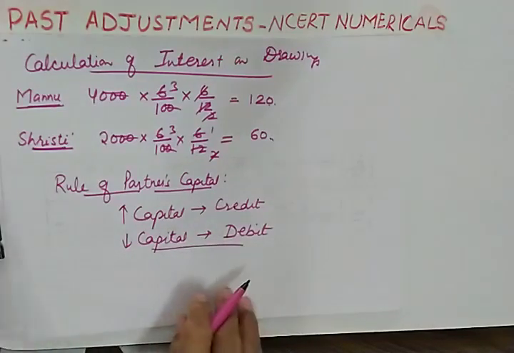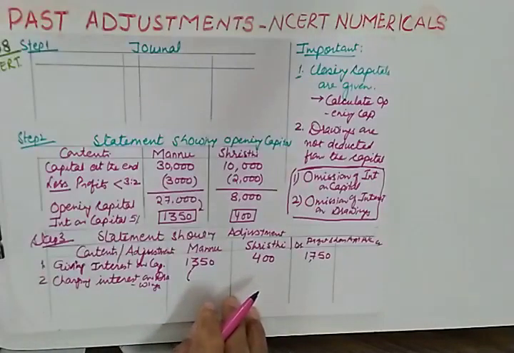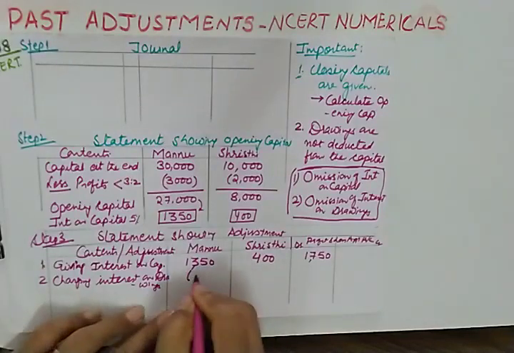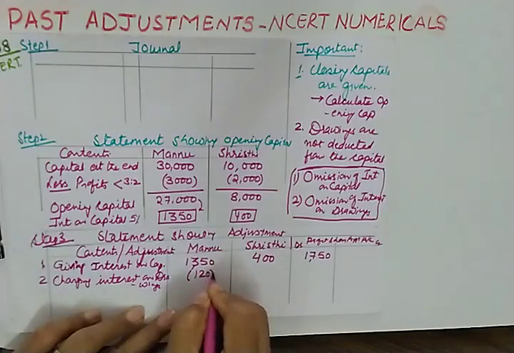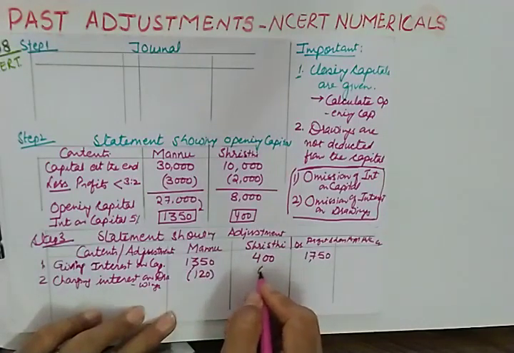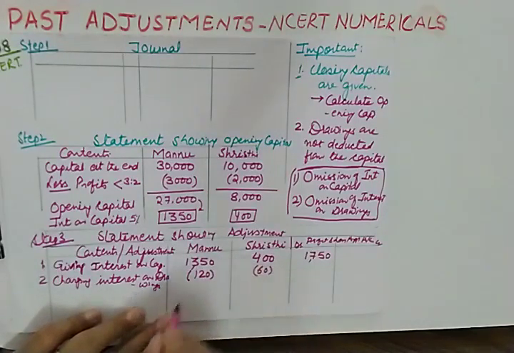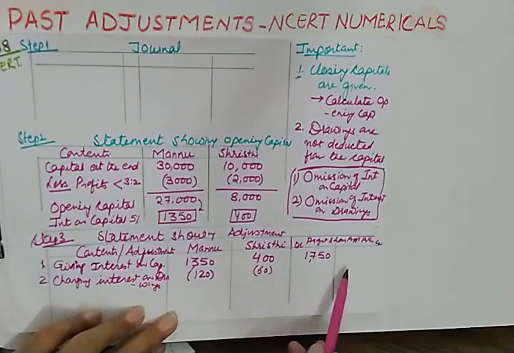So we are following the same lines. This is a negative item, so we are deducting 120 and 60. When we are taking this from the partners, it will be received by the firm, so it will be recorded on the credit side.